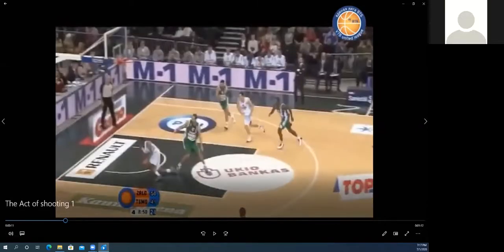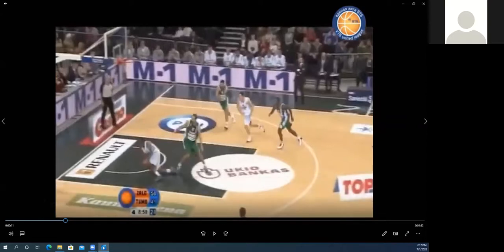The player was still trying to control the ball before he got tripped up. I agree.